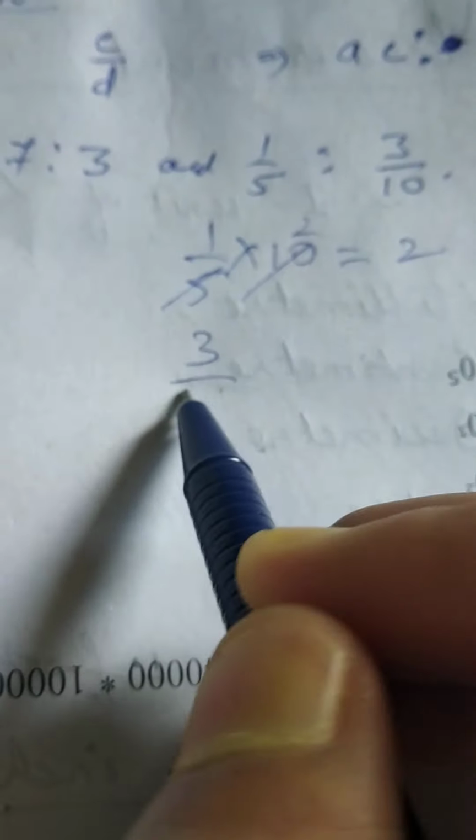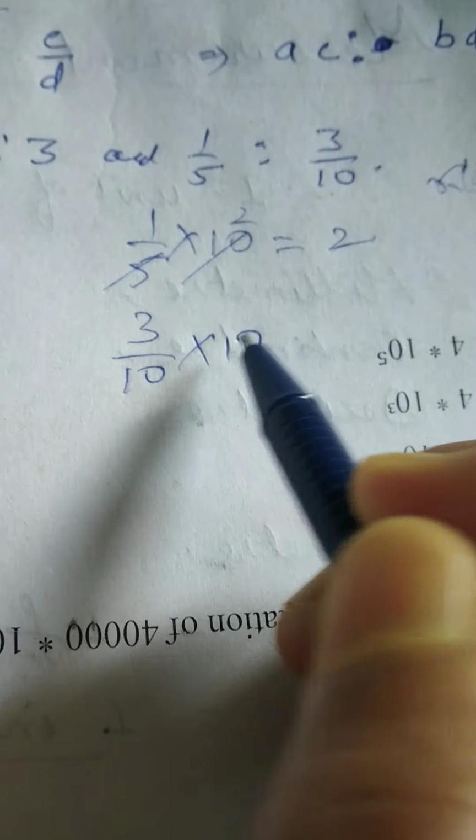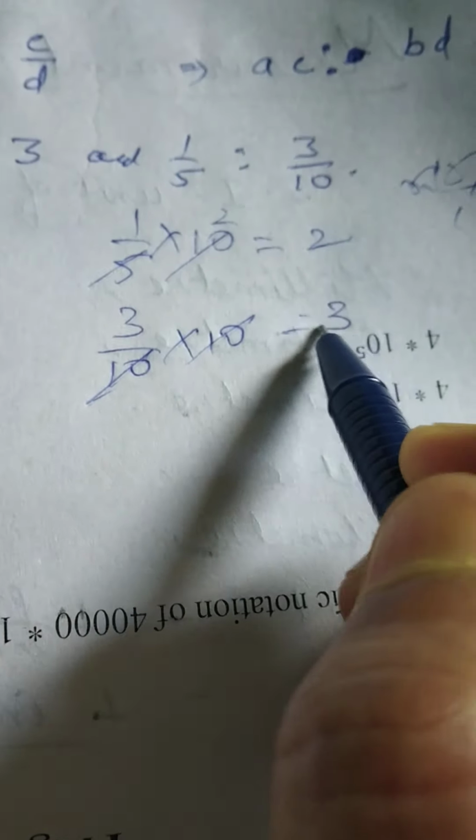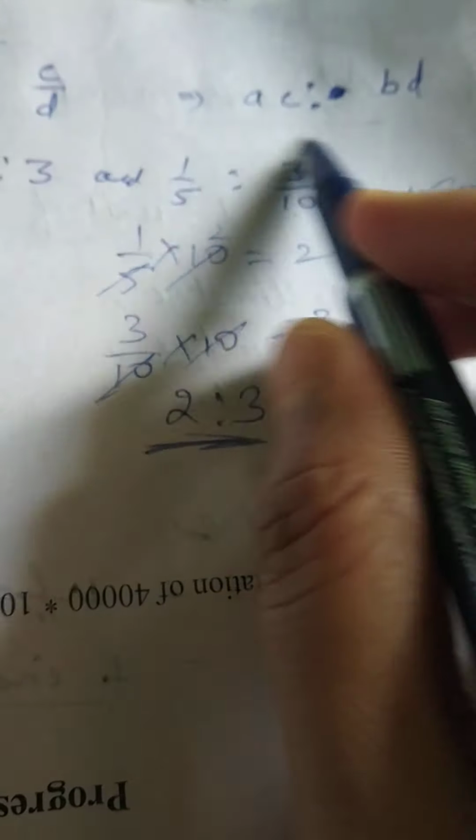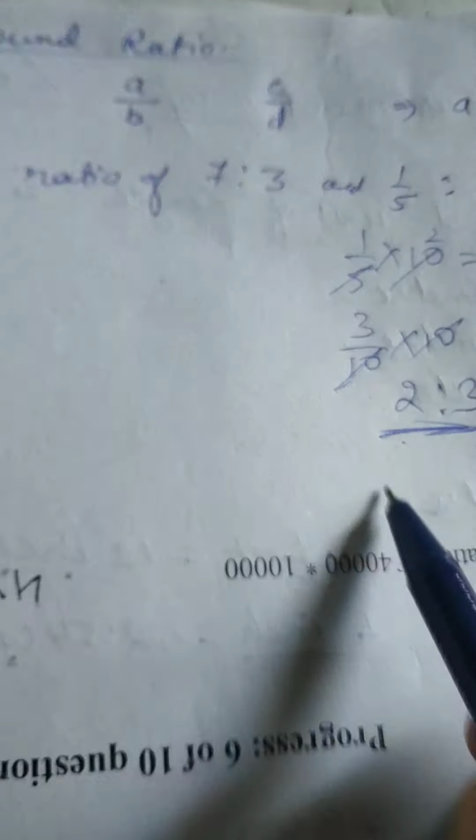Take the LCM of the denominators 5 and 10. 5 twos are 10, so 10 will be the LCM. 1 by 5 we multiply by 10, that gives 2, and 3 by 10 multiplied by 10 gives 3. So 2 is to 3 is the simplest form of this ratio. And 7 is to 3 is already in simplest form.